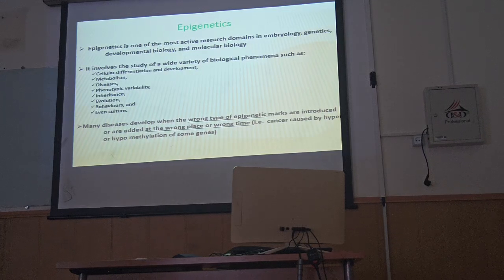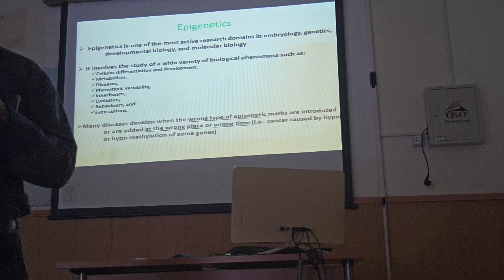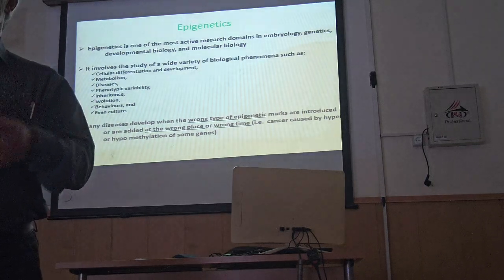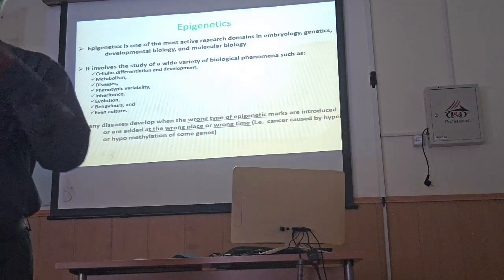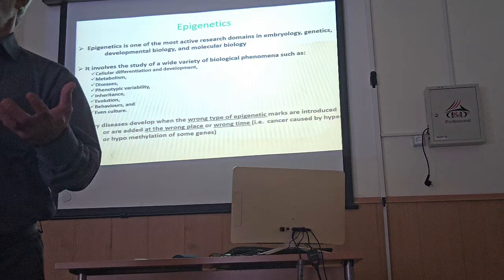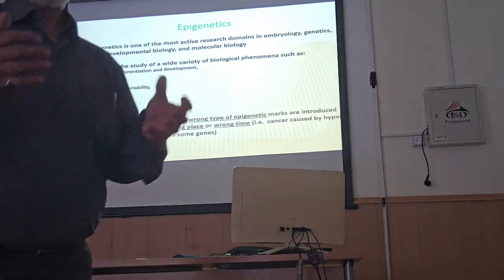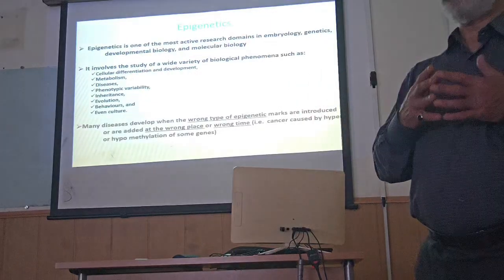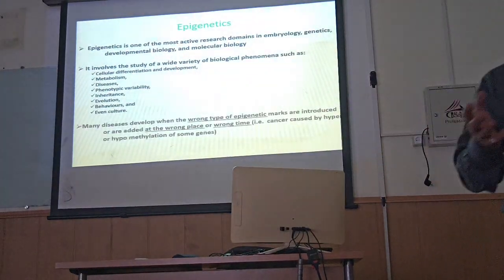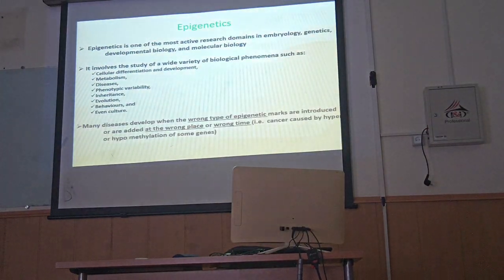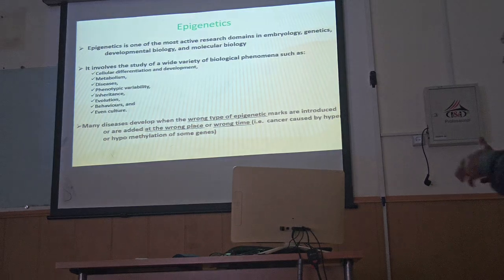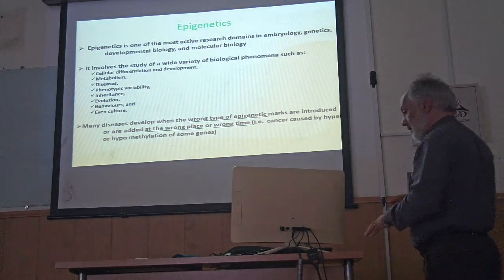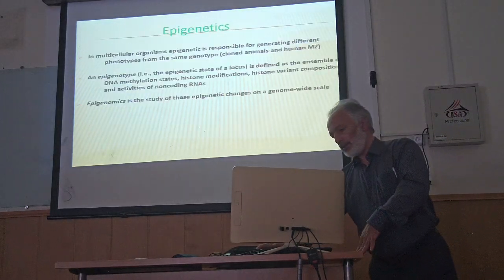So with wrong epigenetics in the wrong place or wrong time, we will have some epigenetic diseases, without changing of the DNA sequence, without any deletion, without any mutation, without any problems in genetic structure. So this is actually an epigenetic disease.